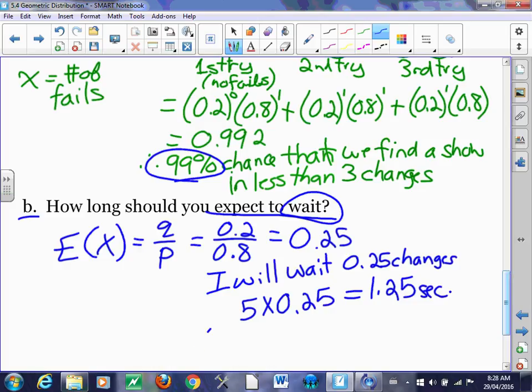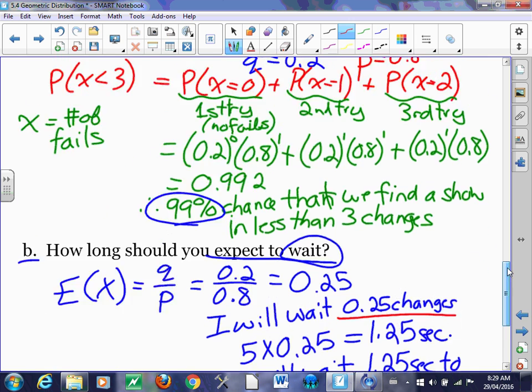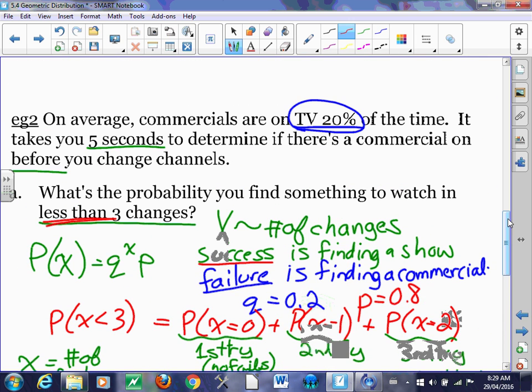So, therefore, I will wait 1.25 seconds to find a show. The tricky part about that was it told you the number of changes, but it didn't tell you the time. So I had to go back to the question up here where it says it takes you 5 seconds to determine if there's a commercial on.